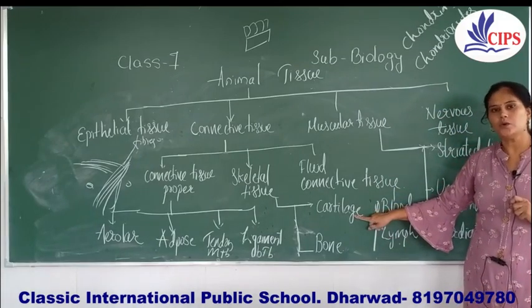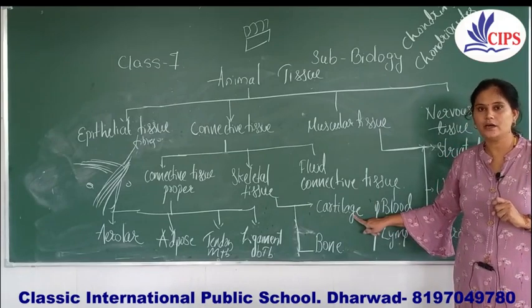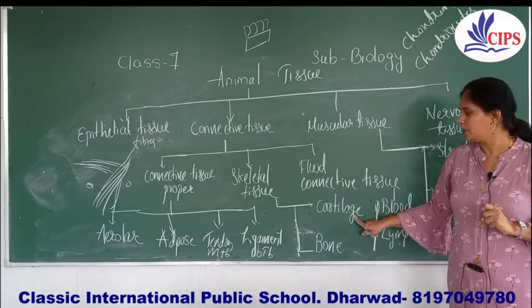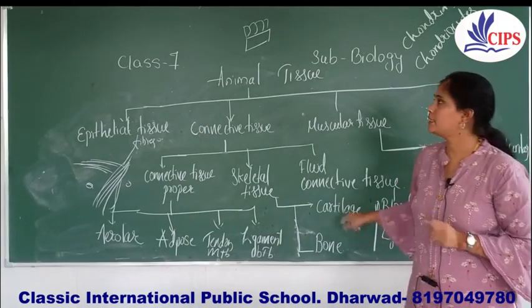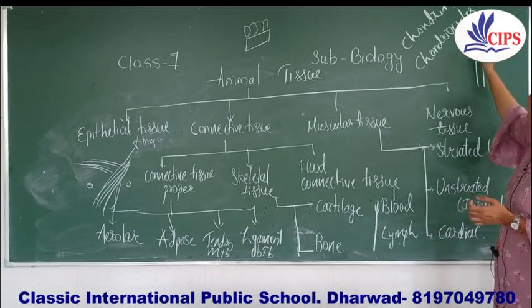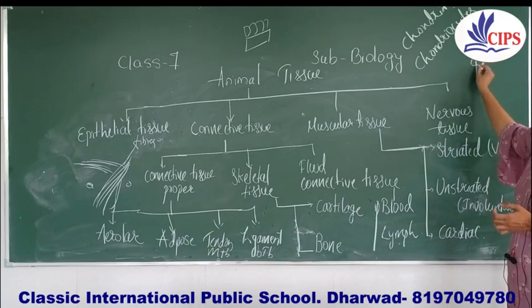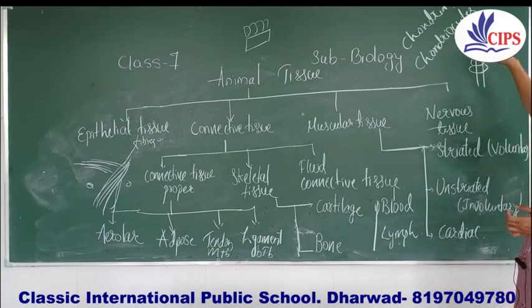And also these cartilaginous tissues are present in the trachea. You might remember this while studying the respiratory system. The trachea is lined by C-shaped circular rings, and these C-shaped rings are made up of cartilaginous tissue.